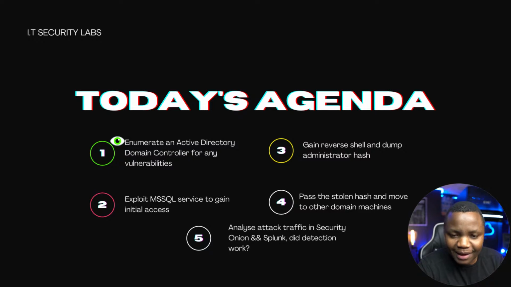Microsoft SQL database is just like MySQL, which we attack every time. Then after that, we'll actually get a reverse shell using the SQL database. Then we'll get an administrator hash. I even have Responder going on today. Then we'll pass that stolen hash to another computer on the network to show you how an administrator can do some lateral movement. And then, of course, we're interested in seeing all this noise in our intrusion detection system.